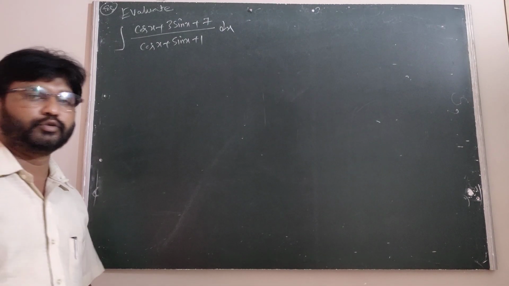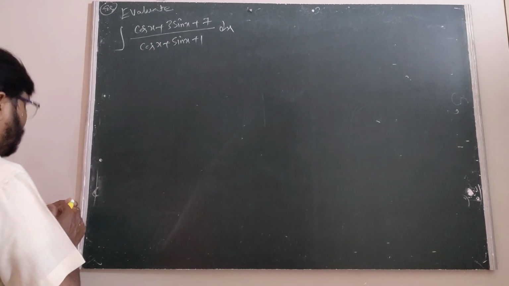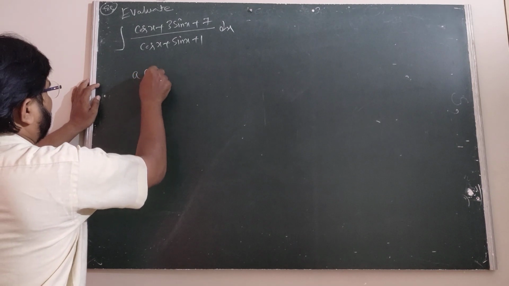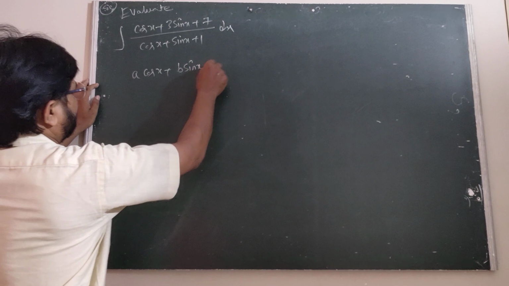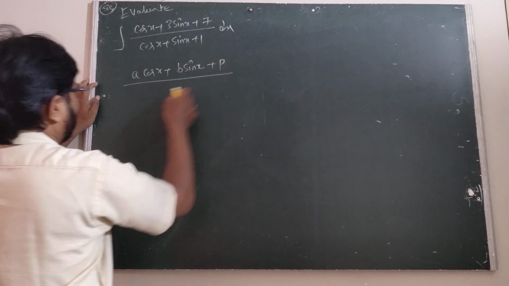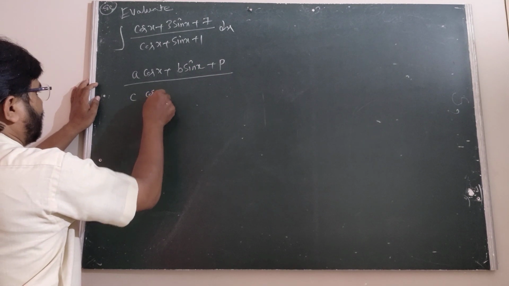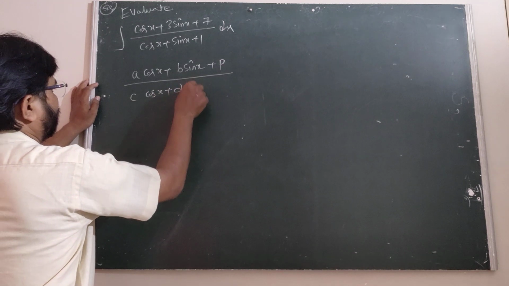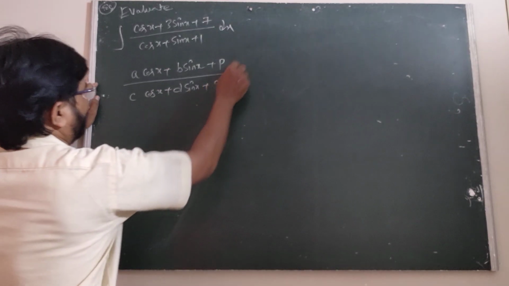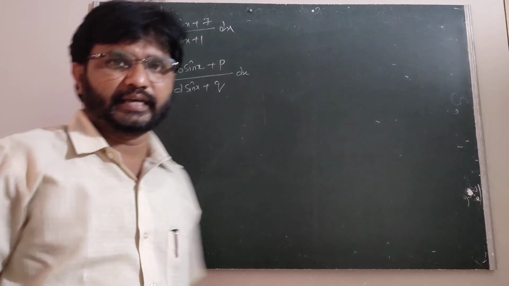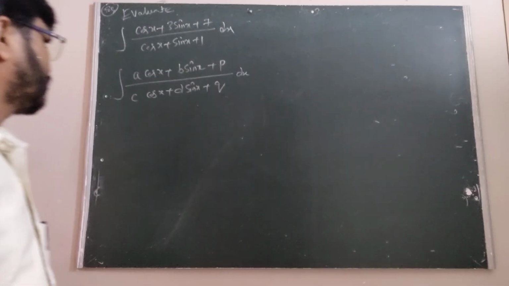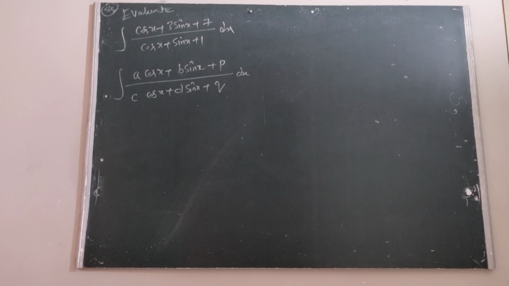First of all, we have to compare this one: a cos x plus b sin x plus p upon c cos x plus d sin x plus q.